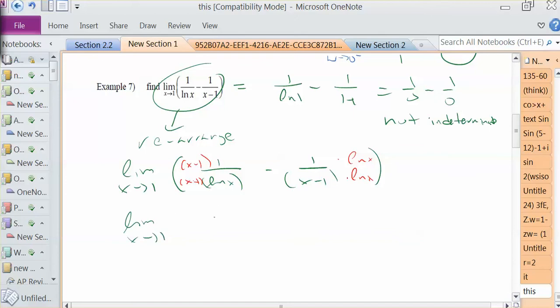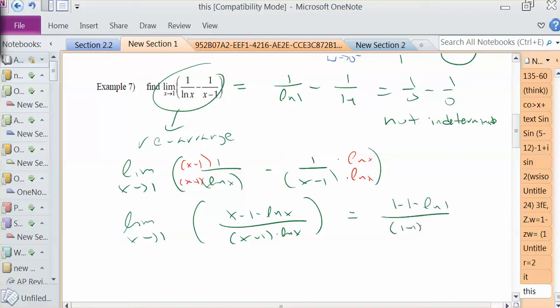So you wind up getting x minus 1 minus ln x over x minus 1 times ln x. Now, if I do plug in 1, we do get actually 0 over 0.